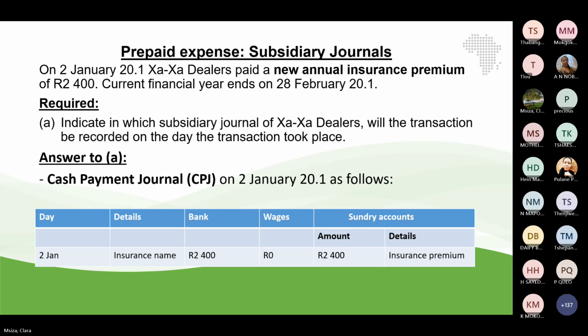Thank you. Remember, anything that has to do with cash, you record it under either the cash receipts journal or the cash payment journal. Therefore, who is paying? We are the ones paying the insurance premiums, meaning that we are going to record this under the cash payment journal.